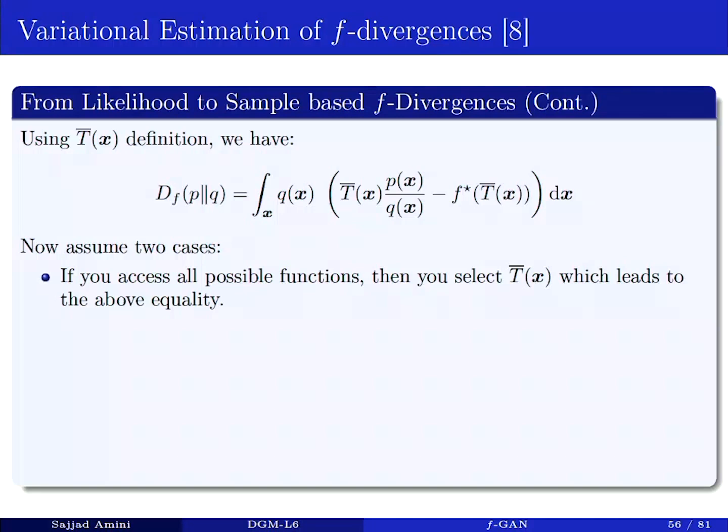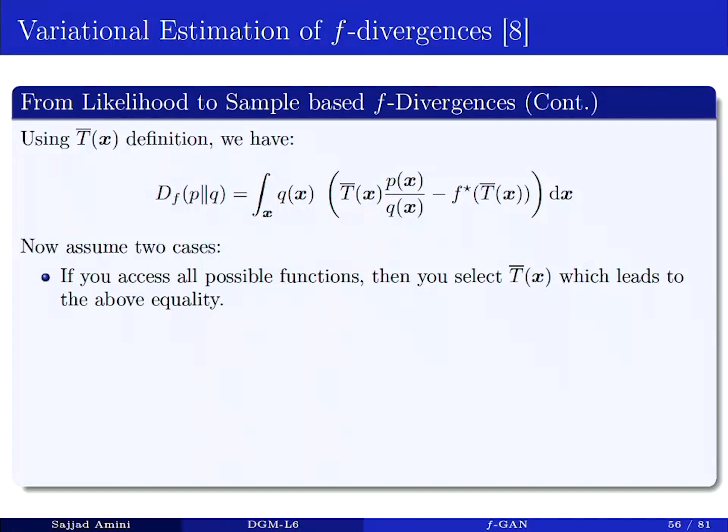But here for us, you will see that it changes the problem so that you can calculate the f-divergence using just samples. We have the problem that f-divergence is based on likelihood. Using the definition of the convex conjugate, you can use just samples to calculate the divergence, the f-divergence.